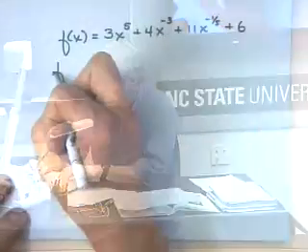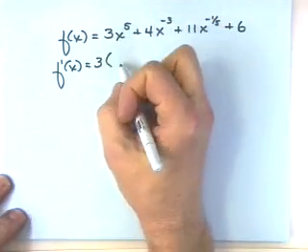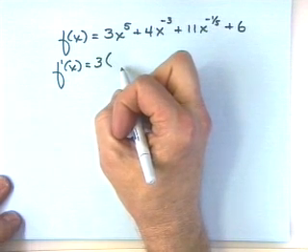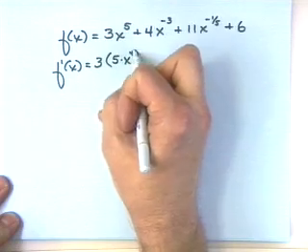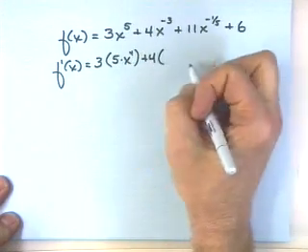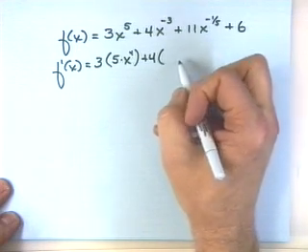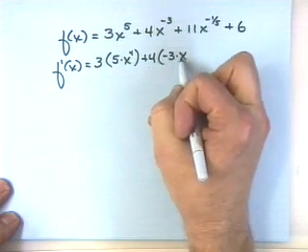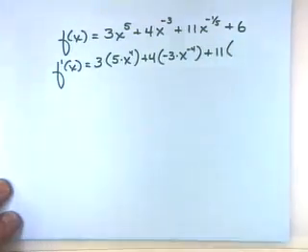And then we've got lead coefficients, right? So 3 times the derivative of x to the 5th is what? 5x to the 4th. Derivative of x to the 3rd. Excuse me, x to the negative 3rd. 11, derivative of x to the negative 1/5.